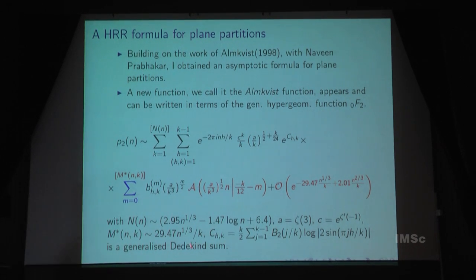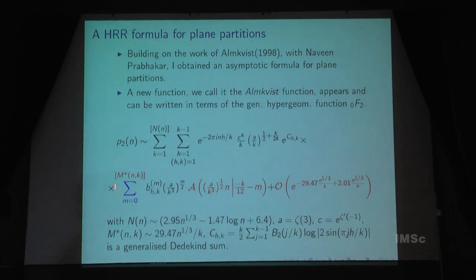And then there are more Dedekind sums, but the real tweak here is that there is a second summation, which is related to the fact that the generating function of plane partitions is not a modular object. Here we cannot use modular transforms, we have to use other methods. For those who are experts, this is the statement.